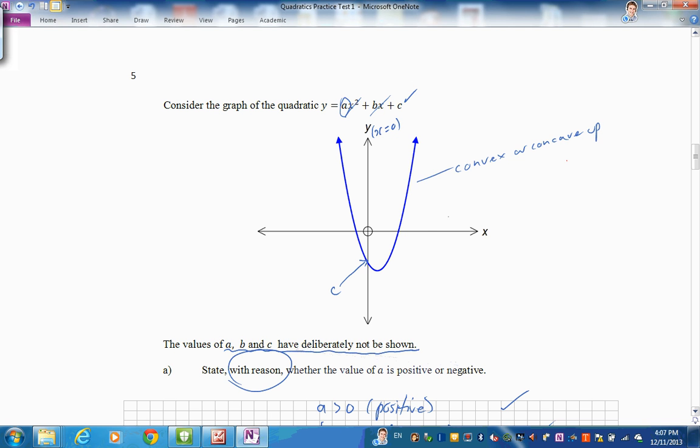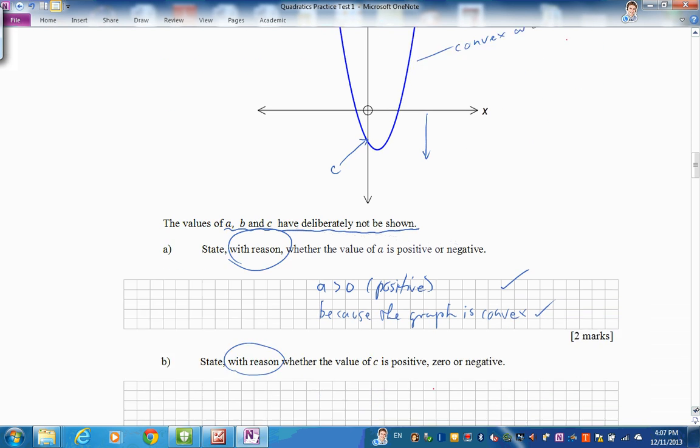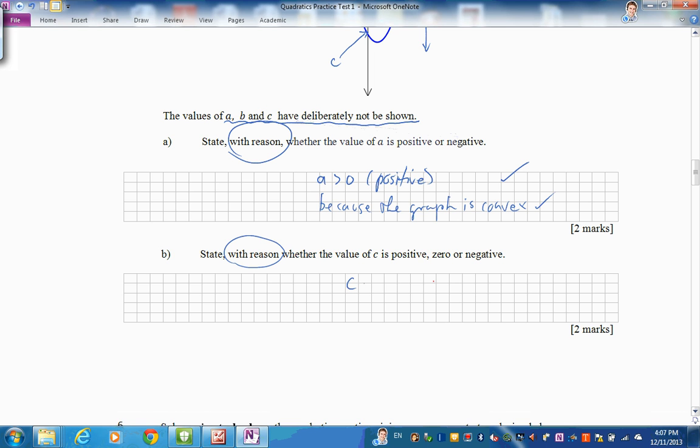So C is down here in negative land. So the answer to this question is C is negative because it is the y-intercept, or some such statement like that. So 1 for saying it's negative and 1 for saying why it is. Okay, let's go down then.